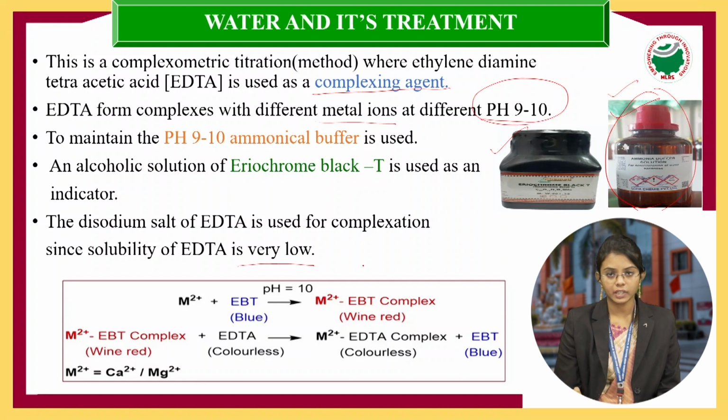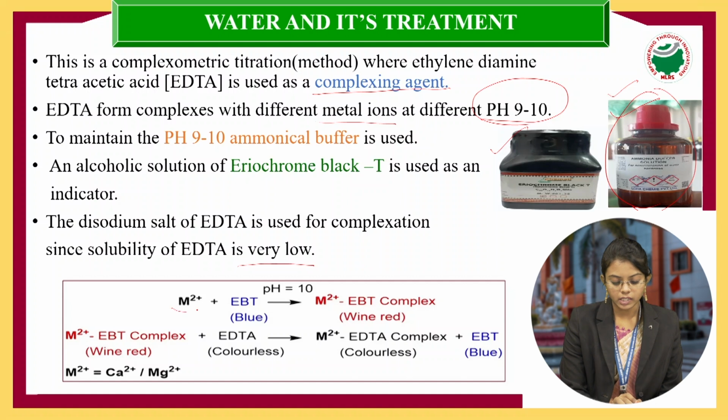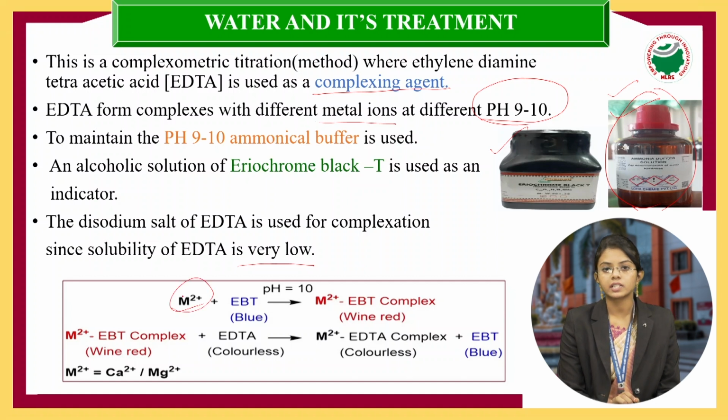Now, the simple principle it involves: metal ions are nothing but the sample of your water, and when it is mixed with the EBT, that means Eriochrome Black T, in the presence of the ammoniacal buffer to maintain a pH of 10, it gives you a metal ion EBT complex, that is of wine red color.